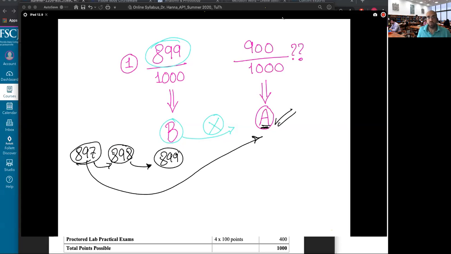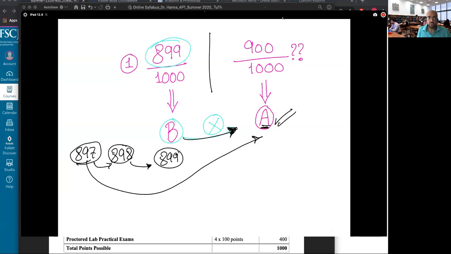So it would be unfair. I need to have a sharp demarcation. I'm not the one who gives you the grade. You are the ones who earn this grade. My role here is to give every one of you the opportunity to earn the grade he or she deserves according to performance throughout the semester.